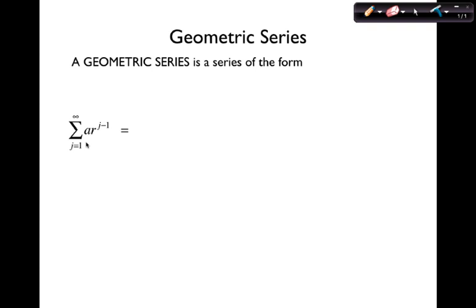We just said r to the power of the index, right? Now we're also going to include the possibility of a coefficient. We'll call that coefficient a. So a number a times r to the, instead of starting at r to the 1, we're going to start at r to the 0.